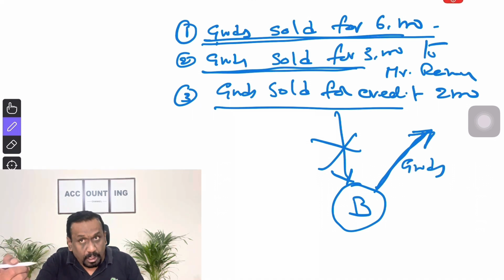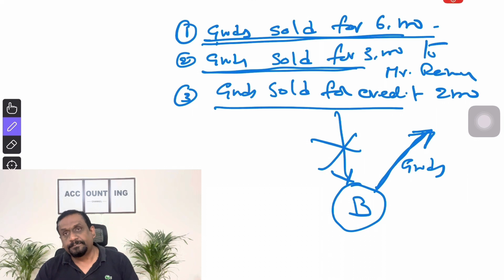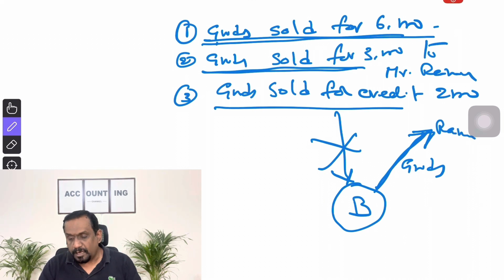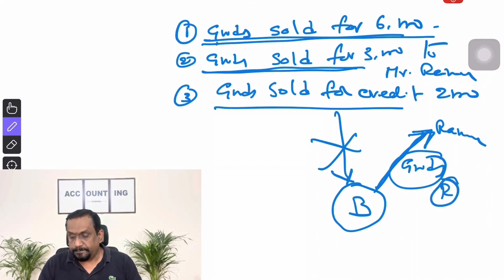When goods go out and nothing comes in, you need to question who is the receiver of the goods. Who is the receiver of the goods here? Mr. Ramu. Now you tell me, goods comes under what account? Real account. Ramu comes under which account? Personal account.